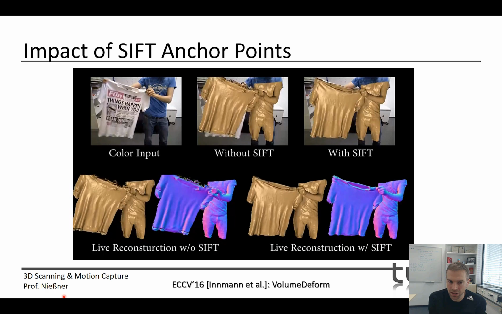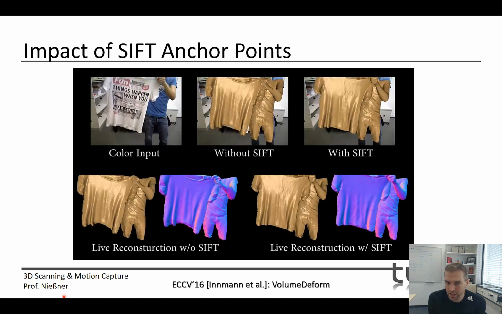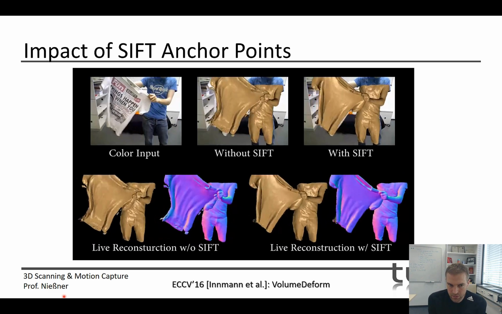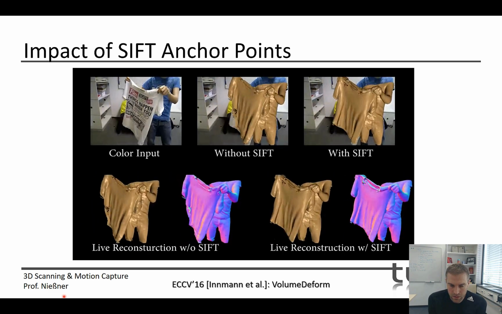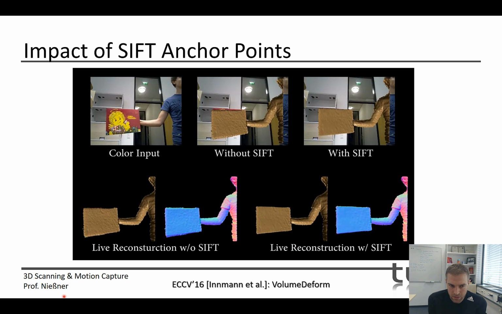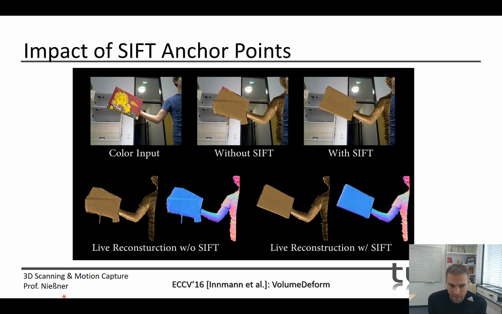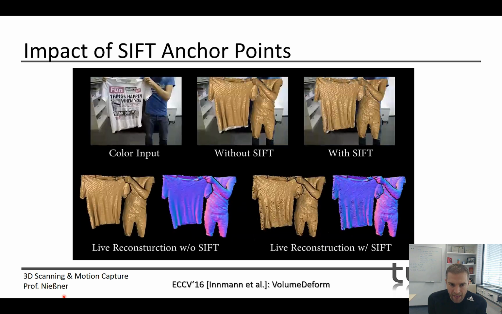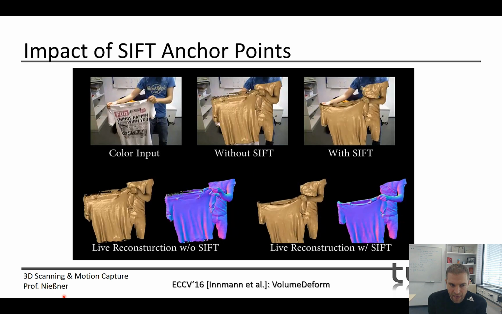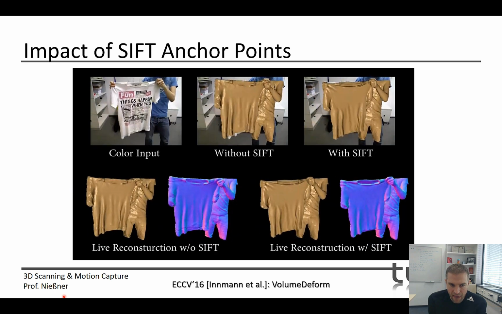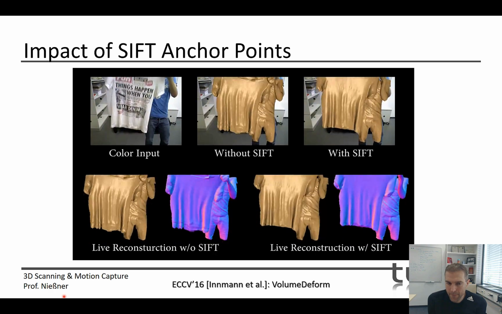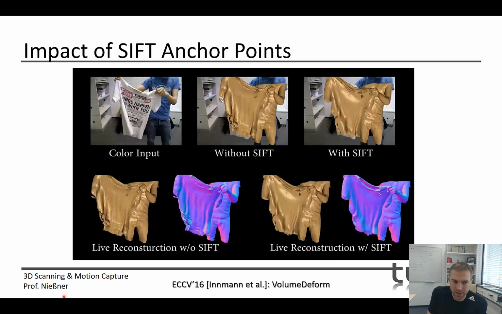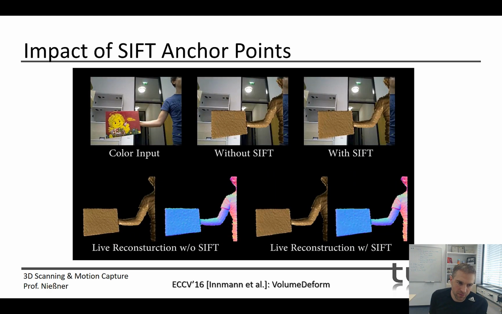Then the SIFT key points actually make quite a difference, and then you can basically get significantly better tracking results here. See here at some point the no SIFT version fails.